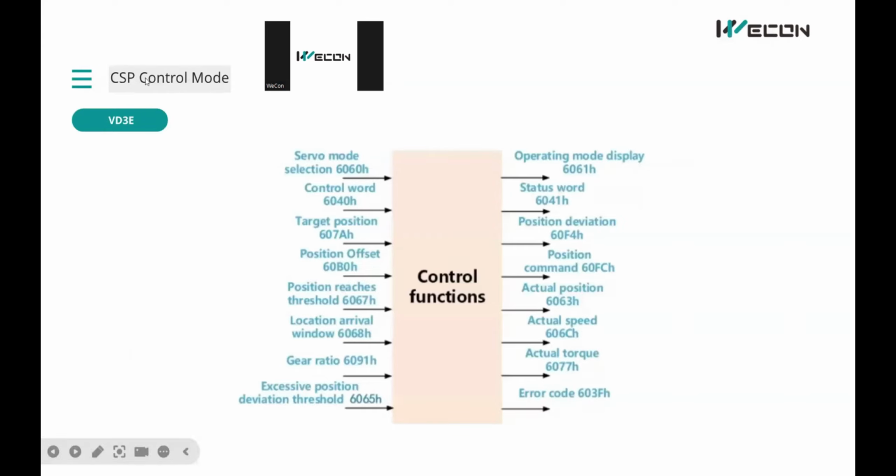So here, for example, for CSP control, usually we need to input these parameters, for example, servo control mode, target position, target velocity, and here a dual ratio. And the output of this CSP mode will usually be, for example, actual position, actual speed, actual torque.